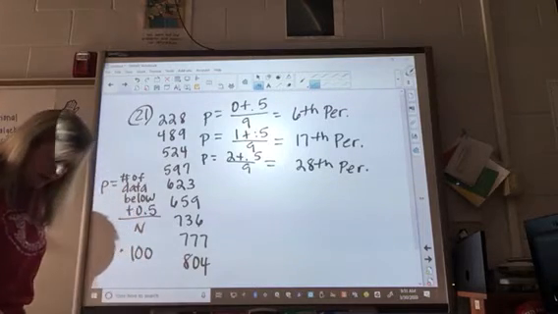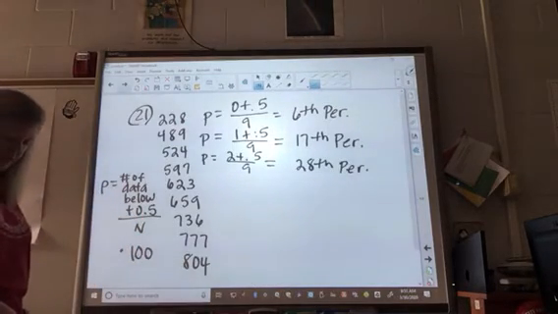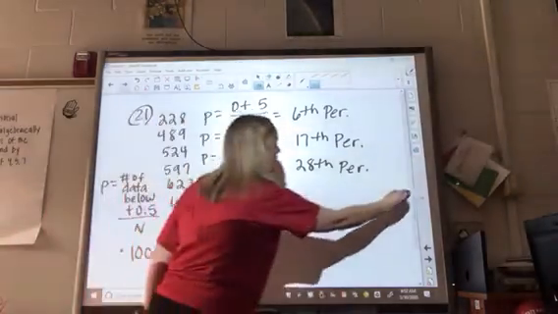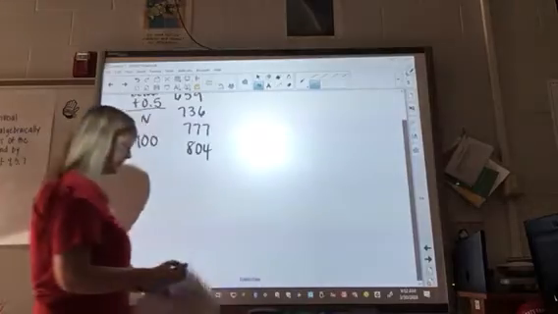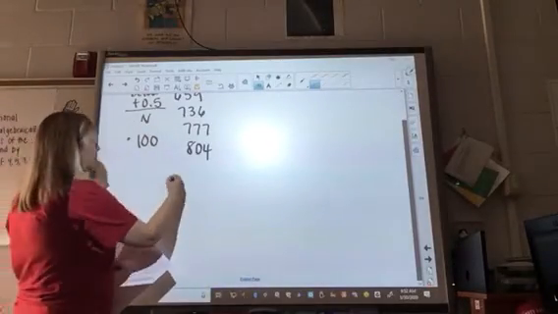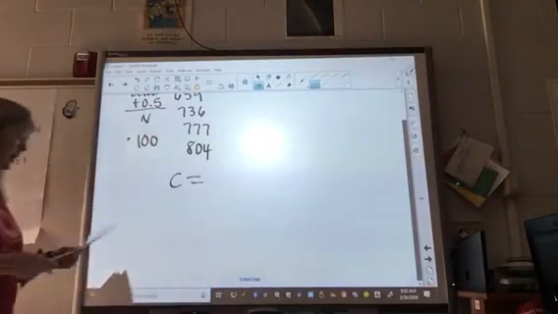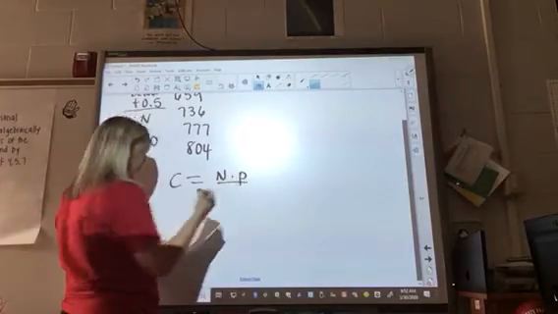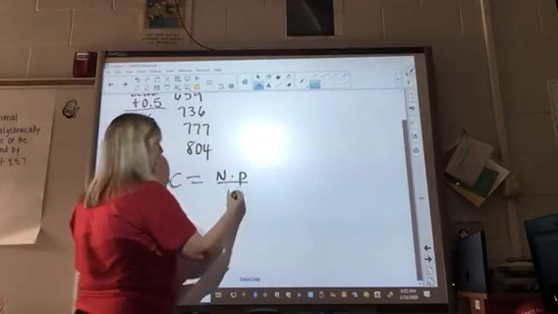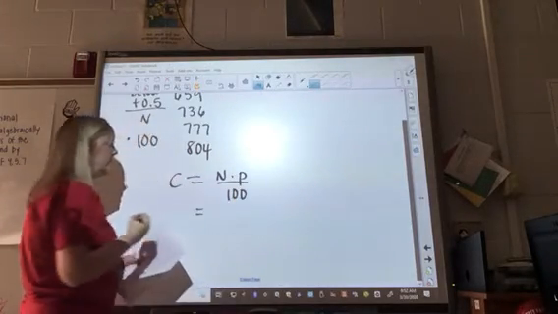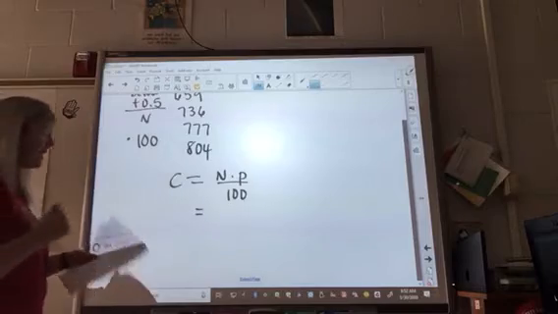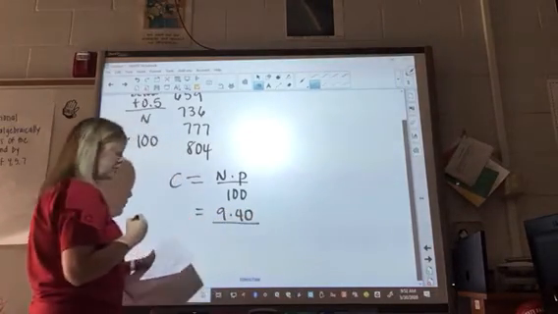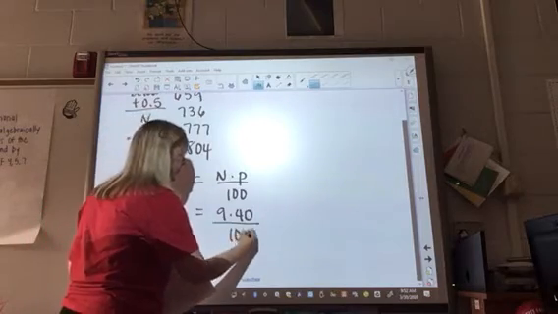Number 21 also asks us one more question. It says for the same data, what value corresponds to the 40th percentile? There's a formula for that. It's c equals the number of data values times the percentage divided by 100. So the number of data values was 9, and it wants the 40th percentile.